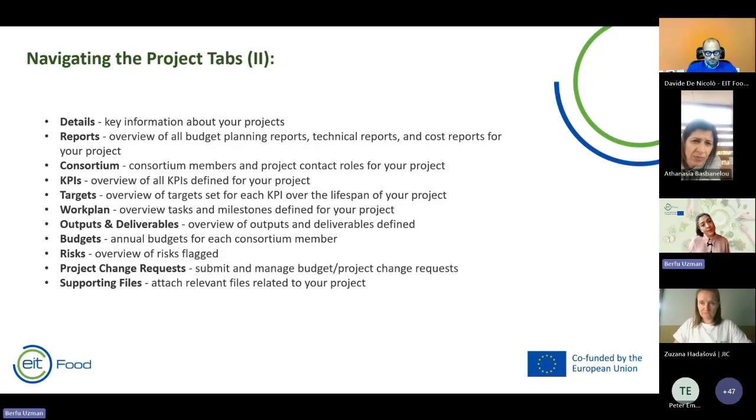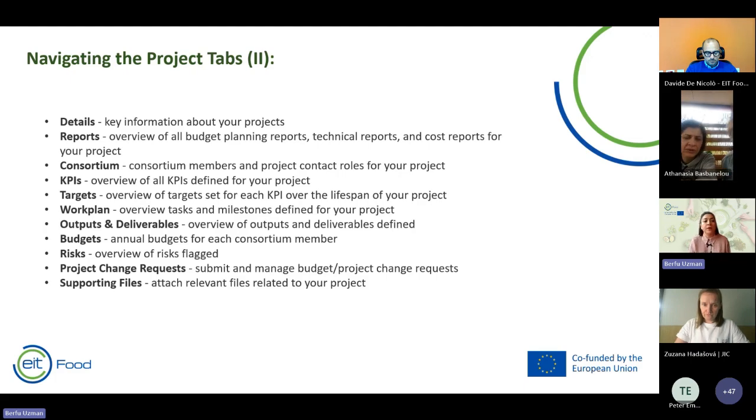The KPIs tab is an overview of all KPIs which are defined for your projects. Targets are an overview of the targets, then a work plan, tasks and milestones, output and deliverables as defined in the name. Budgets, this is the tab I assume you will use a lot, so that will show the annual budgets.